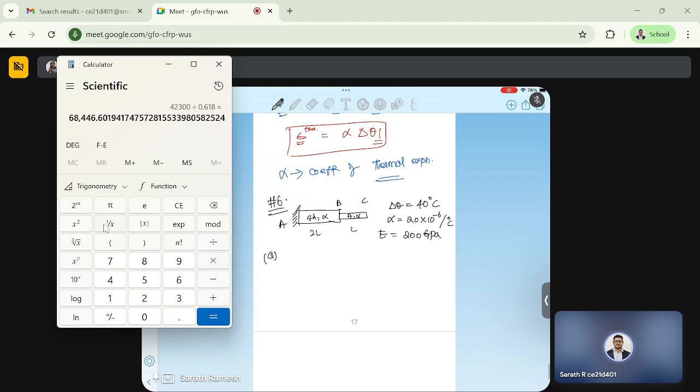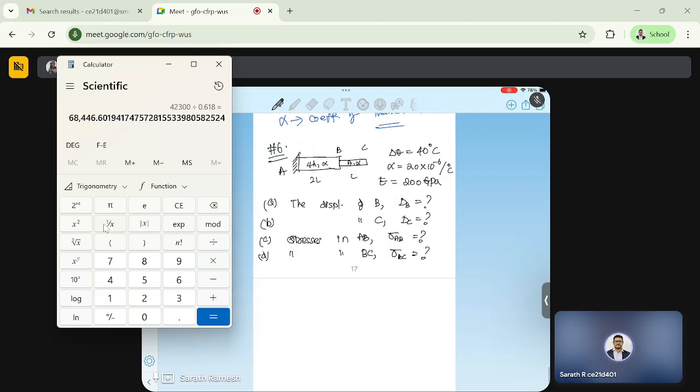We need to find the displacement of B, delta B equal to what, and displacement of C, delta C equal to what, and stresses in AB, sigma AB equal to what, and stresses in BC, sigma BC equal to what? Okay, these four questions. This is what we are actually finding throughout for various cases.